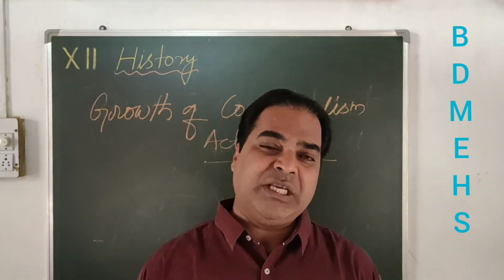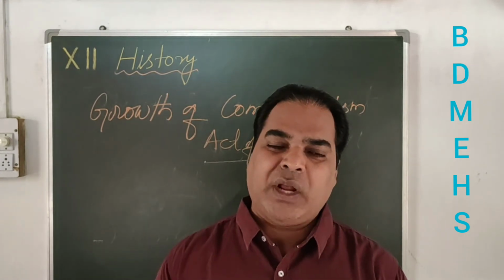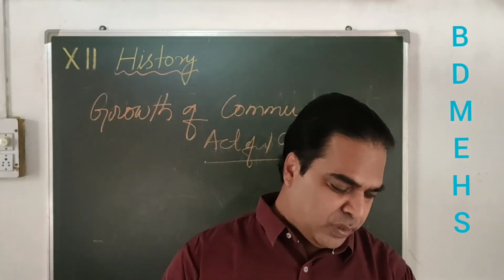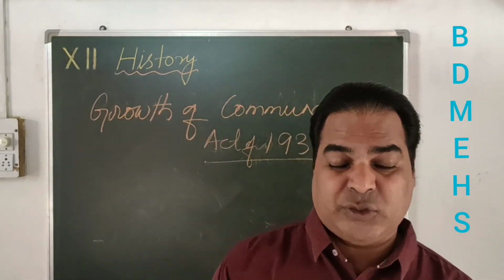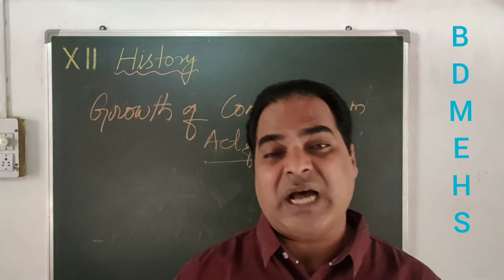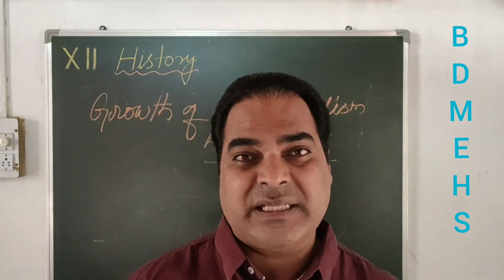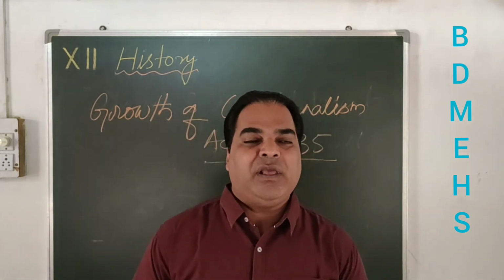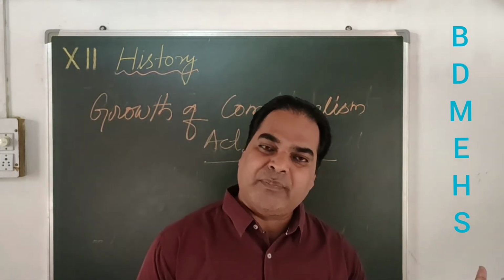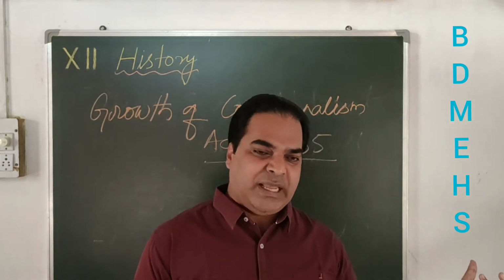Congress is in majority, and their government will definitely impose Hindu Raj in the country, and our position and our religion will be in danger. So they started raising a cry: Islam in danger. Actually, they were not fooling themselves, they were fooling the Muslim people. Muslim people were very liberal during those times.